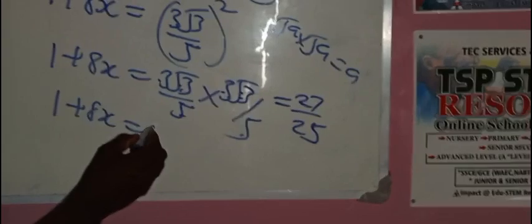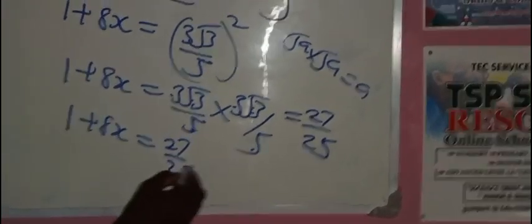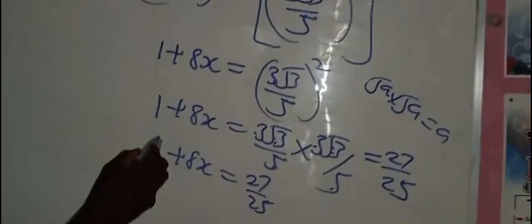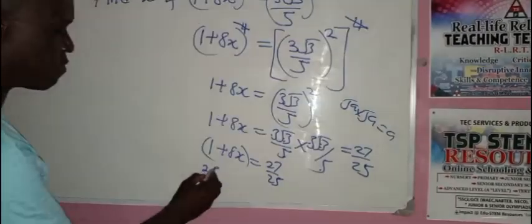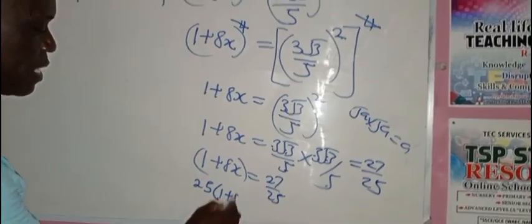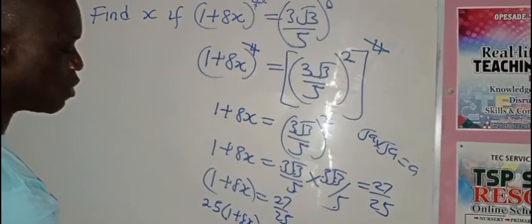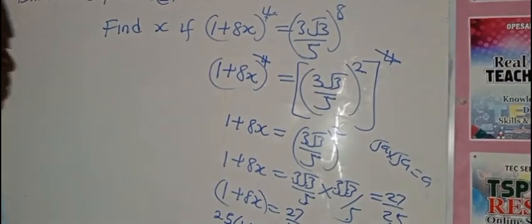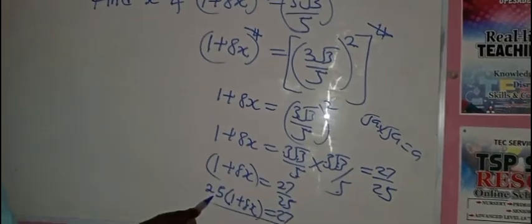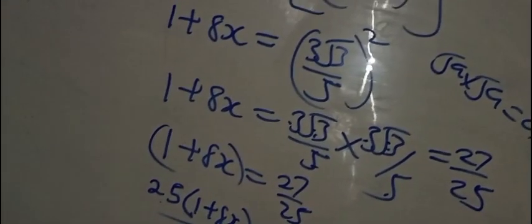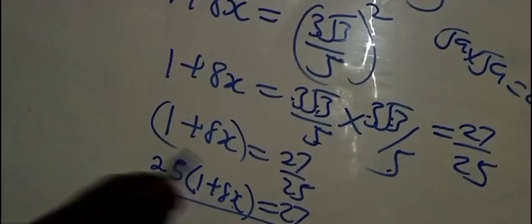So this will be 27 over 25. Now you are looking for x. They say you find x, so multiply. This will be 25(1 plus 8x) equals 27. As Olympiad students, smart students you are, open the brackets, it will lead to a linear equation and find the value of x. That is that one.